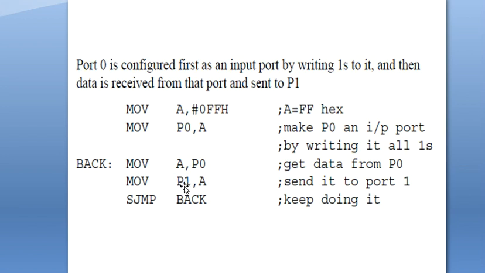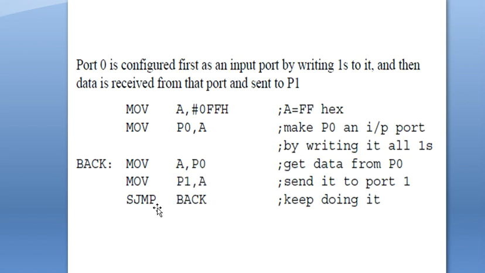Since by default the ports are output ports only, there is no need to configure it as an output separately. So this accumulated data is moved to port 1, which is an output port.